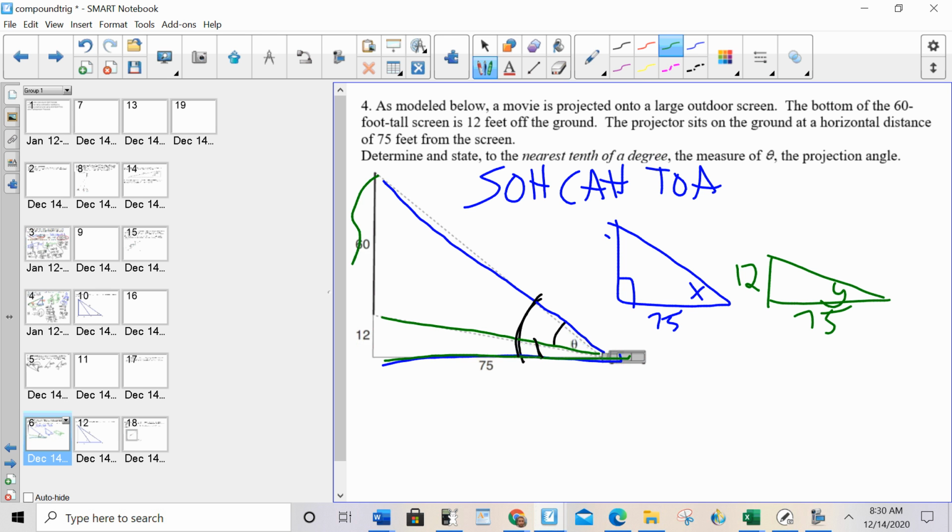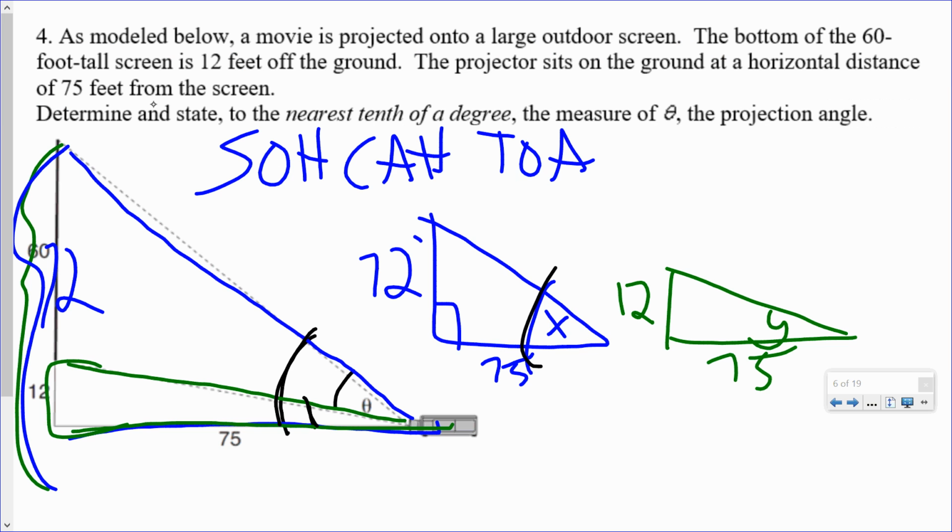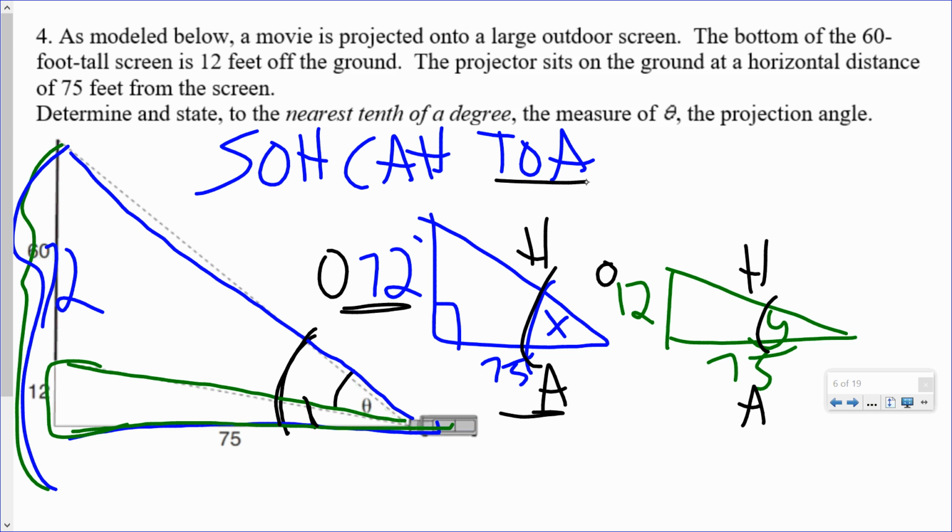The big triangle is 72, because you have to add that 60 and the 12. So, 72. H-A-O. In the first one, O and A are involved, so it's going to be tangent.